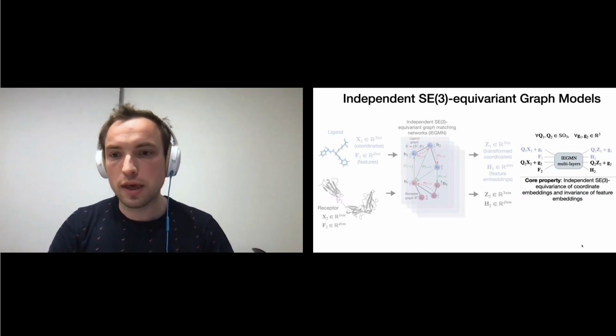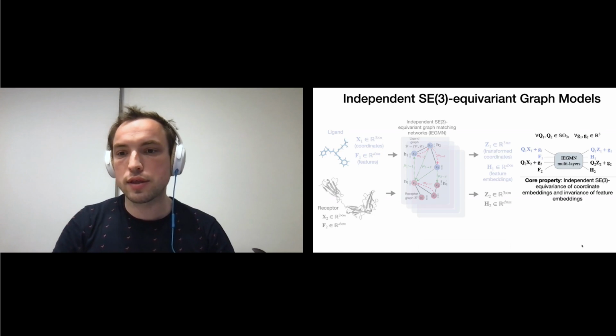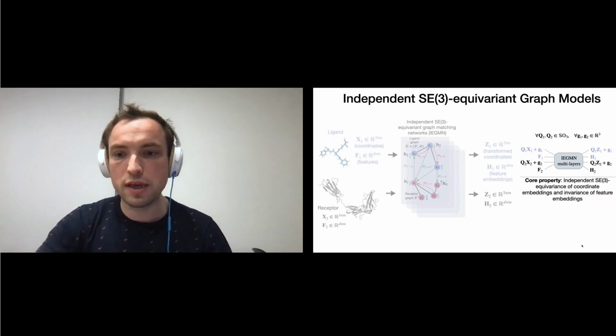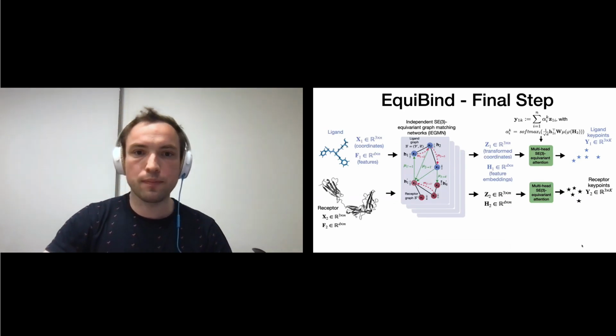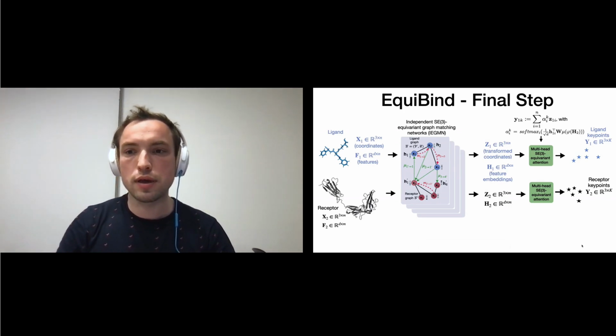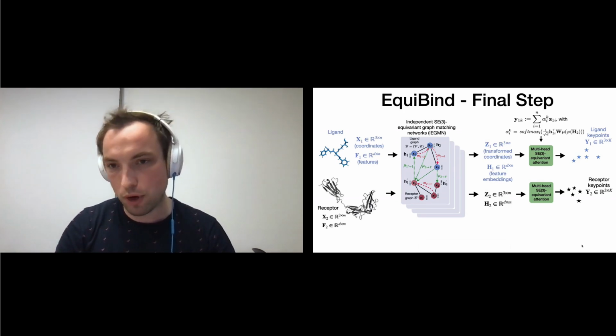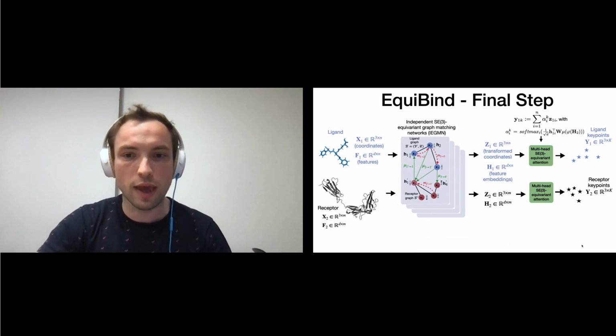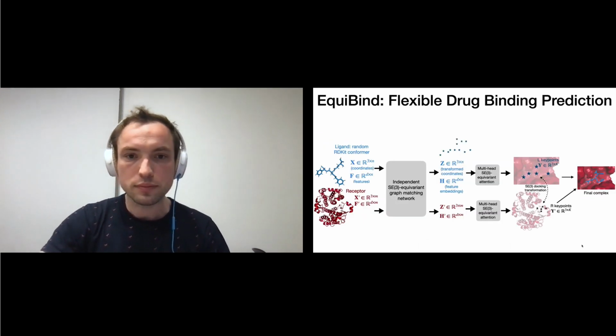A core property of this architecture is, by design, guaranteeing independent SE(3) equivariance of coordinate embeddings and invariance of feature embeddings. Finally, we project these transformed coordinates and features into two ligand key point sets and receptor key point sets of equal cardinality using multi-head SE(3)-equivariant attention.